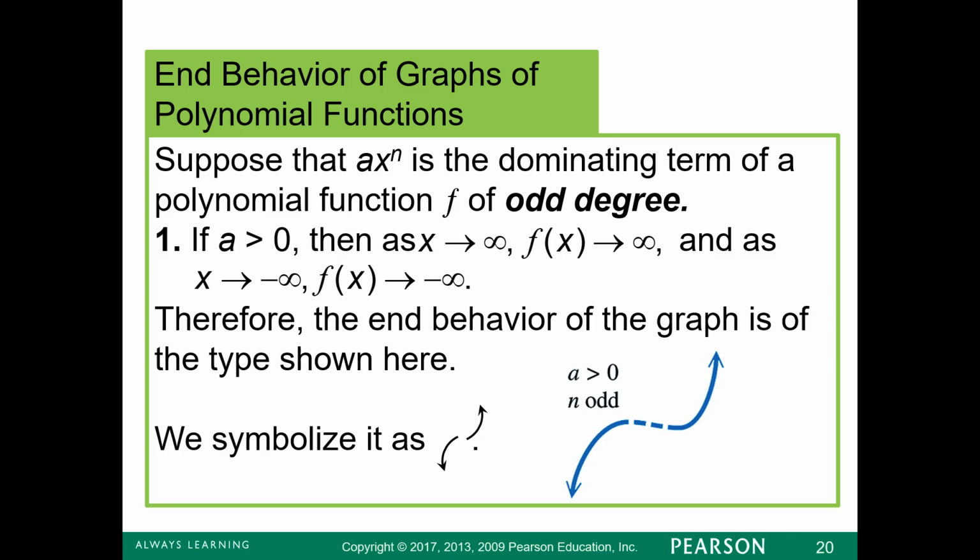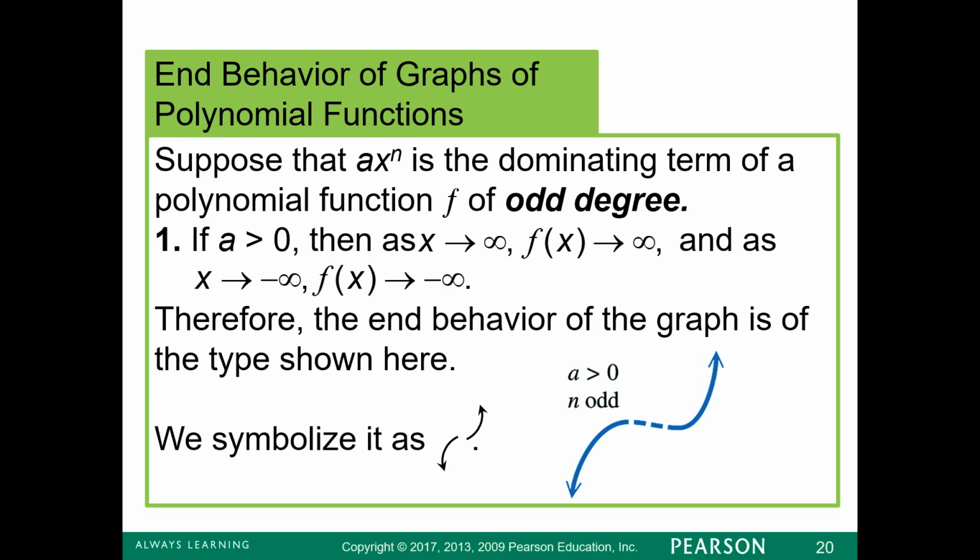If n is odd, this is a polynomial of odd degree, right? So if I write down this function, f(x) equal to ax to the power n, this is a polynomial of odd degree. In that case, the end behavior of the graph is of this type.